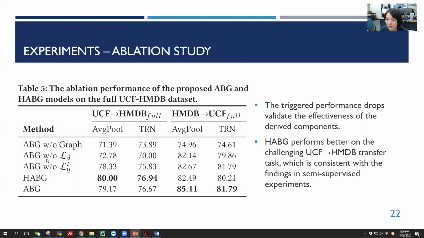The ABG without LD is a variant without conditional adversarial learning, and the ABG without LYT refers to the variant without entropy loss for target data, which triggers a slight decrease in model performance. And HABG, a hierarchical variant of the plain ABG model, performs better on the challenging HMDB to UCF full task, which is consistent with the findings in semi-supervised experiments.